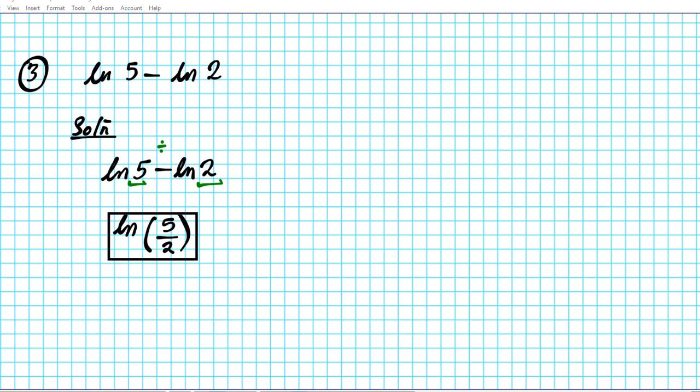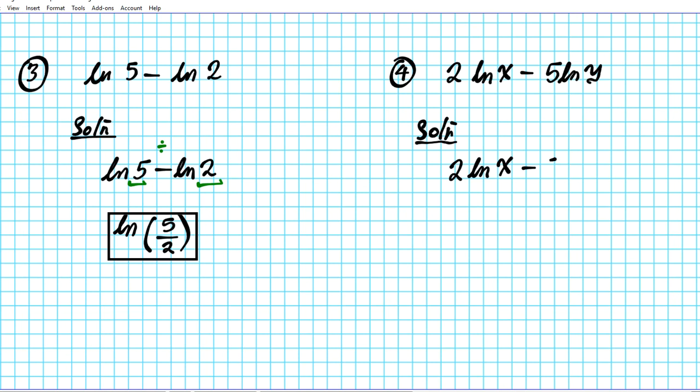All right, let's take a look at another example, question 4. What if we have 2 times the natural logarithm of x minus 5 times the natural logarithm of y? Now in this case, we have coefficients which need to be taken care of. So let's rewrite the problem: 2 ln x minus 5 ln y.